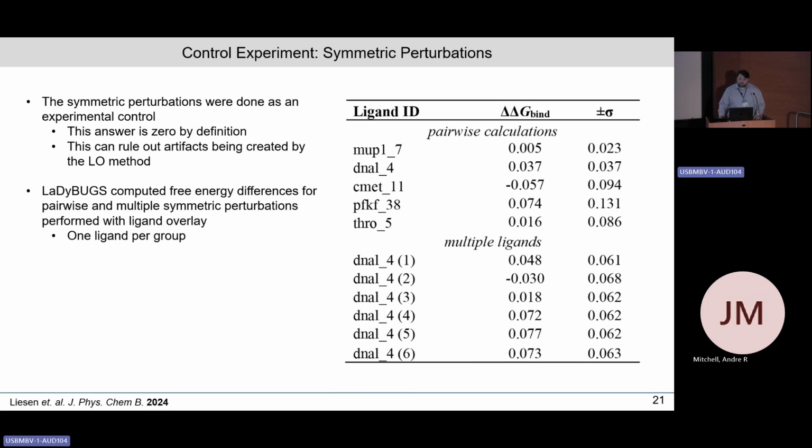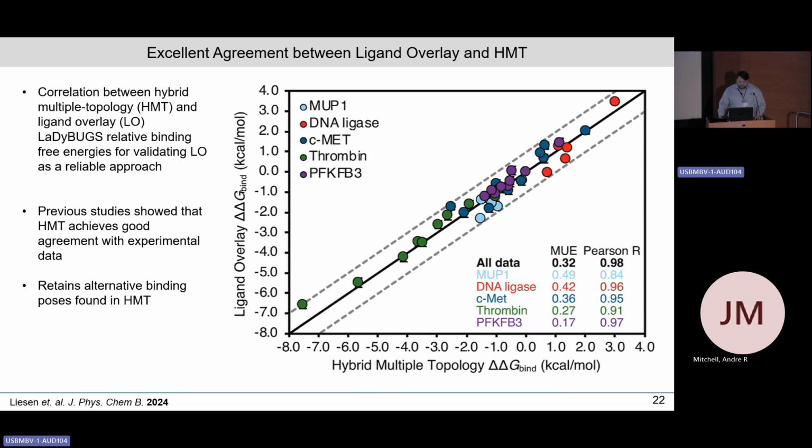And we decided to move on and compare this to our hybrid multiple topology simulation. What we got was, happily, very, very close, an MUE of 0.32 and a Pearson R of almost 1. So the results we were getting were very similar to the hybrid multiple topology.